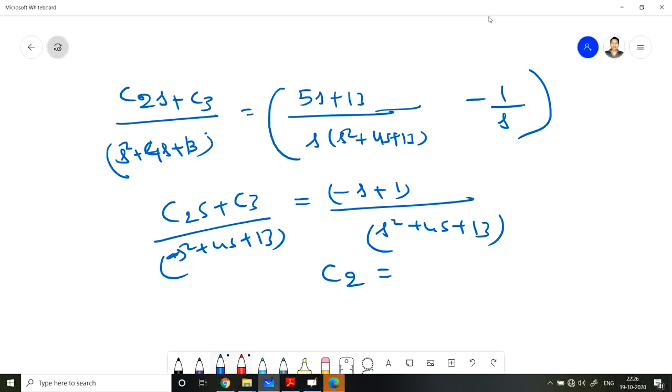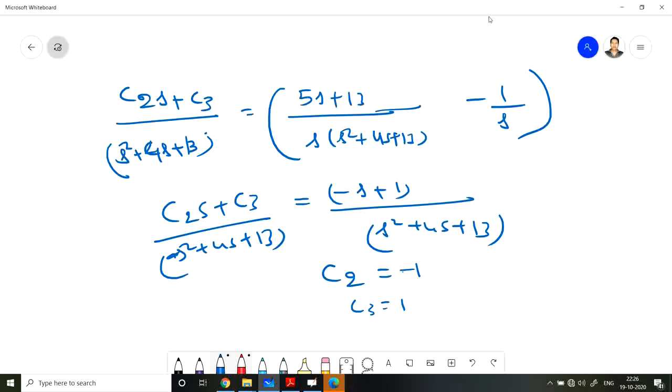Please check, c2 is minus 1 and c3 is 1. So c2 equals minus 1 and c3 equals 1.